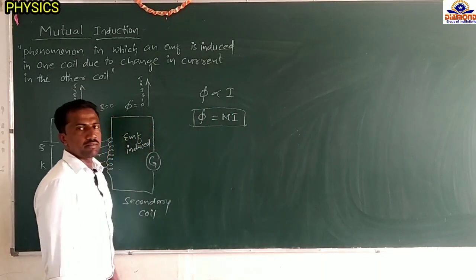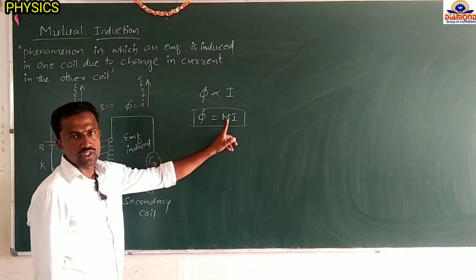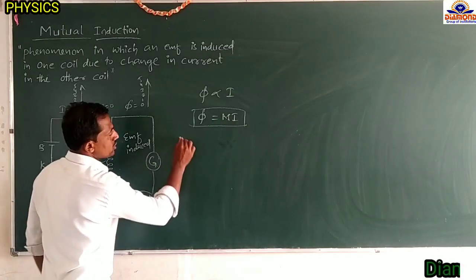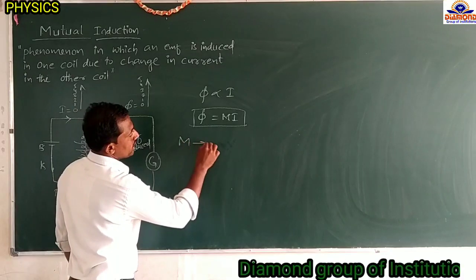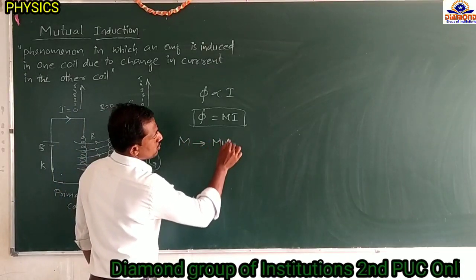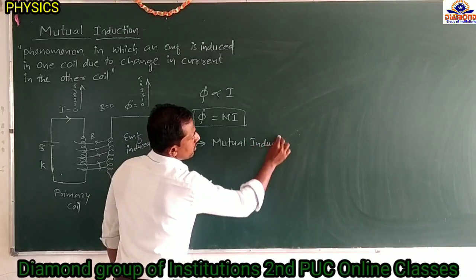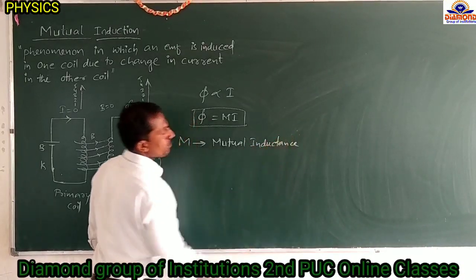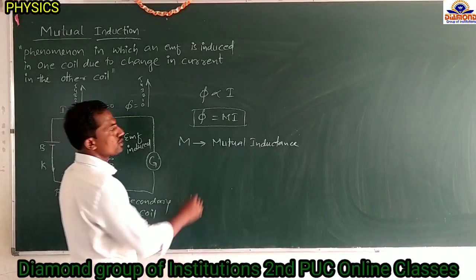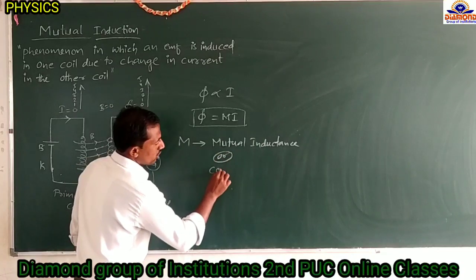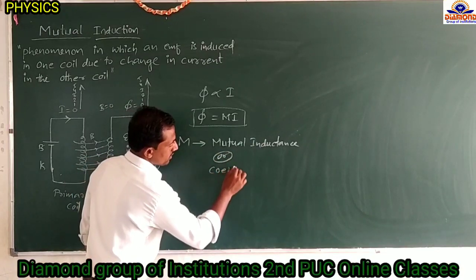What is M? M is called the constant of proportionality, or mutual inductance. One more name is coefficient of mutual induction.